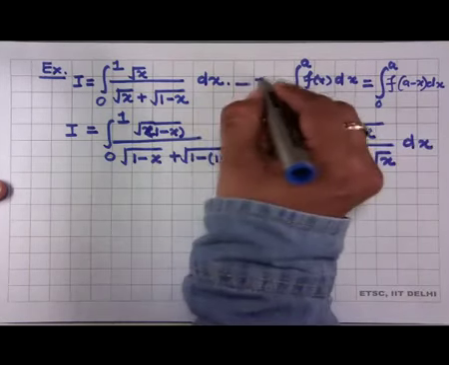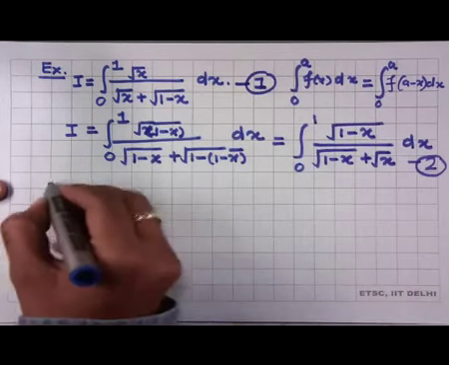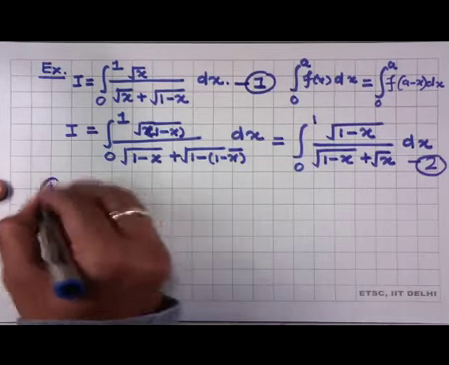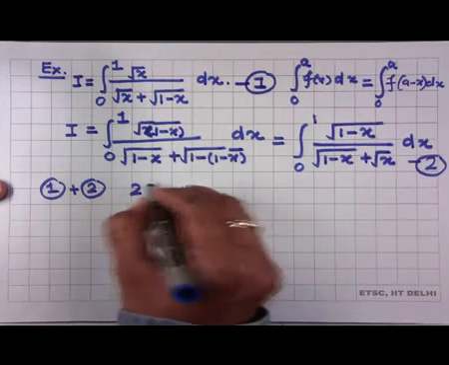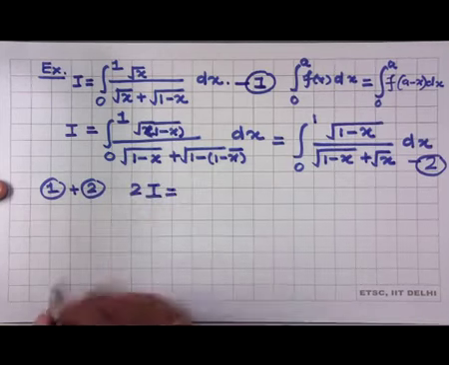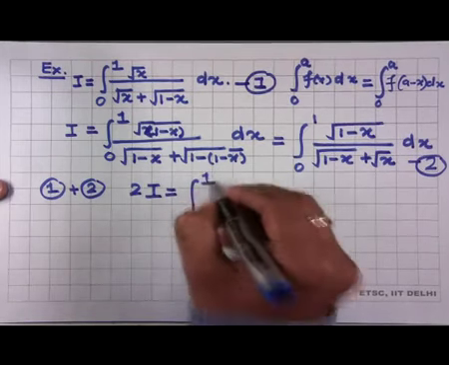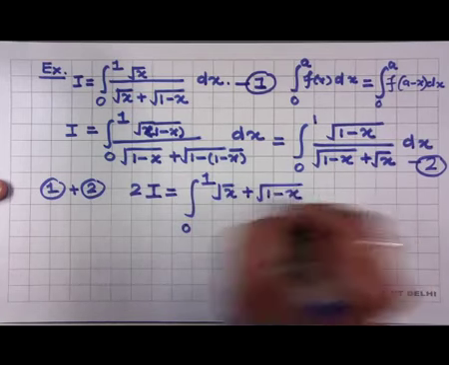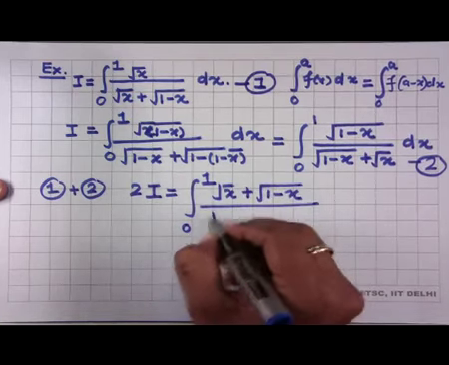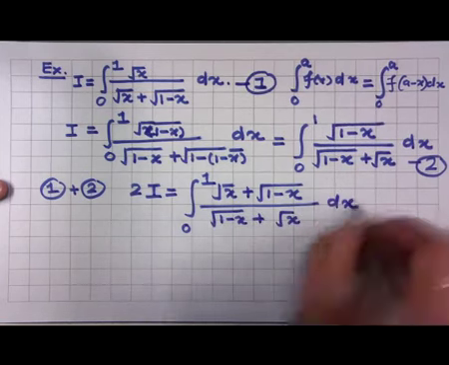So say this is 1 and this is 2. If we add these two equations, on the left hand side we get 2I, and on the right we get the integral of the numerator over the same denominator dx.